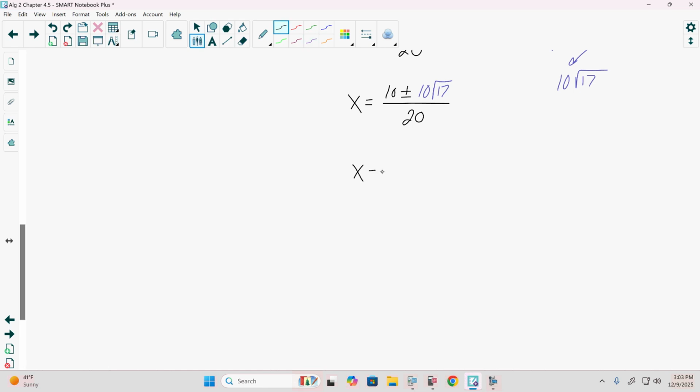So if I divide 10 out of all 3 spots, 20 divided by 10 is 2. The first 10 on top, 10 divided by 10 is 1. Now, 10 square root of 17 divided by 10, the 10 over 10 would reduce to 1. So 1 square root of 17, or just the square root of 17.